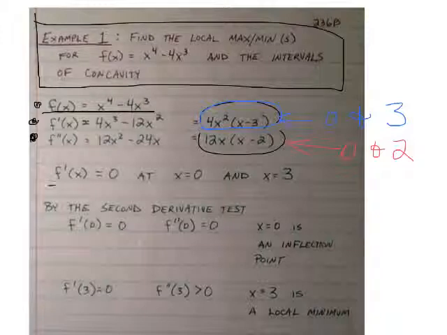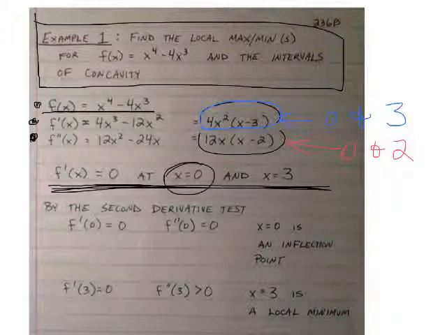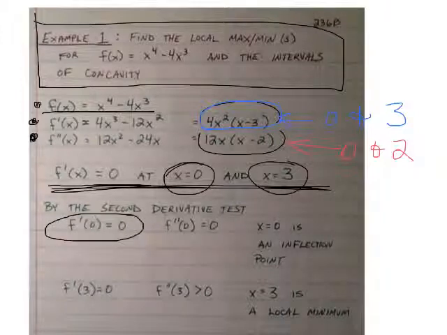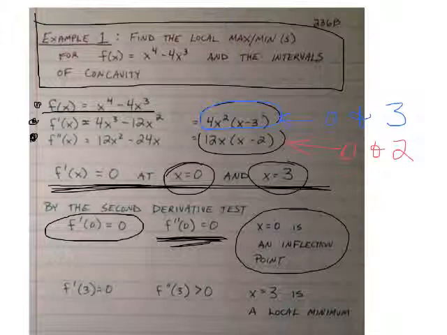So, now that I've found the critical points, I can use the second derivative test on those points. And the second derivative test, we know f prime of 0 is 0, and f double prime of 0 is neither greater than 0 or less than 0, so it is neither concave up nor concave down, so we can say there is an inflection point there.